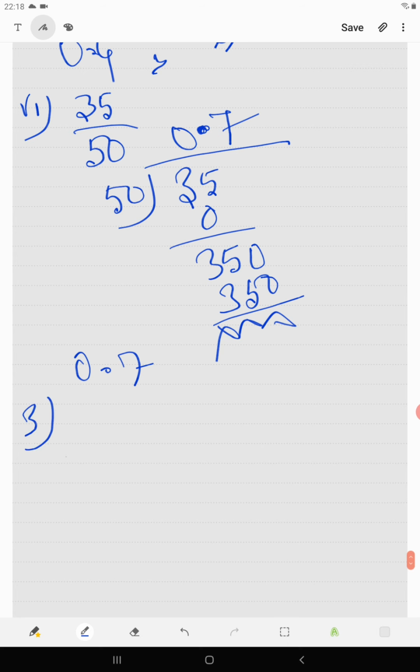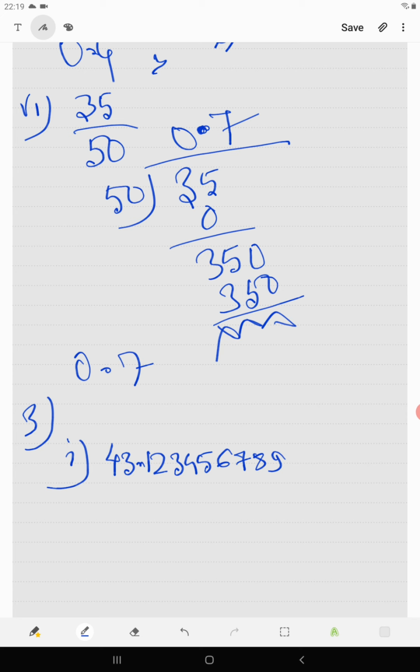So third question, first problem. You can see the first problem is 43.123456789, correct?